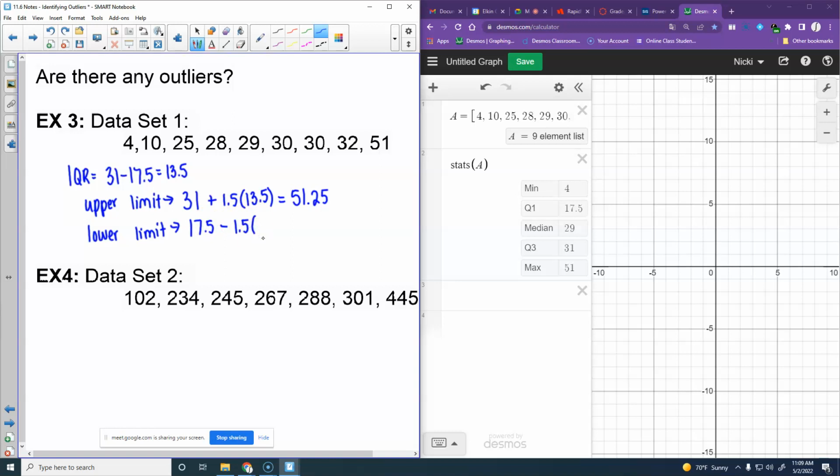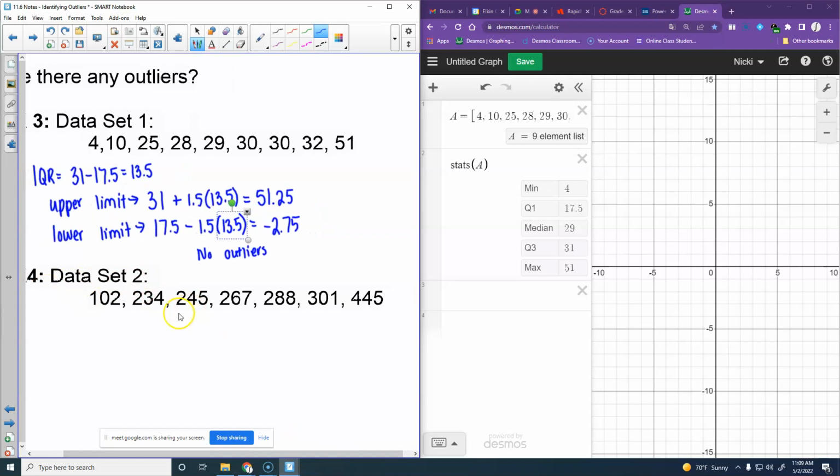And what do I multiply that 1.5 by? The 13.5. And whenever I do that, I get negative 2.75. Do I have a lower outlier? No. So no outliers. So 51 seems like it should be, but it's actually not. All right. You guys try data set 2 on your own.